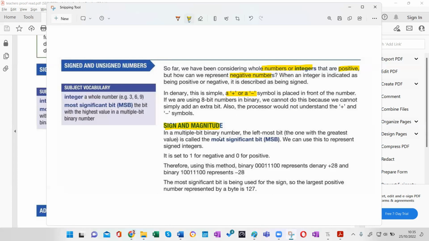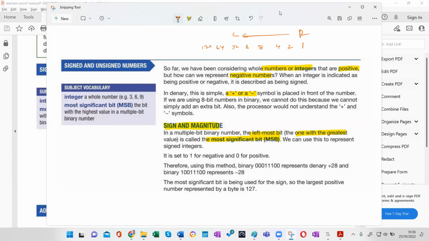In a multiple bit binary number, the leftmost bit, the one with the greatest value, is called the most significant bit. Why is it called that? Because the positional values increase from right to left: 1, 2, 4, 8, 16, 32, 64, 128.